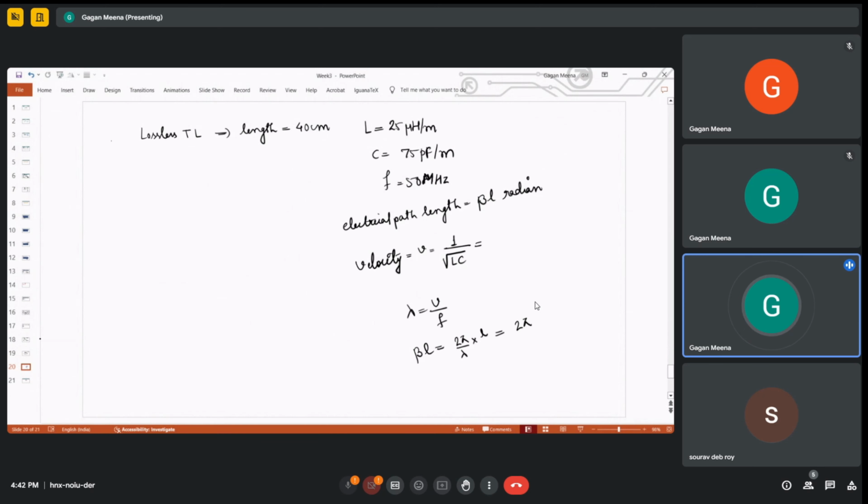It will be 2 pi f by v into L. So this is 2 pi, frequency is given as 50 megahertz, v we have to calculate, and L is 40 into 10 to the minus 2. This is 1 by root of 25 into 10 to the minus 6 henry and 75 into 10 to the minus 12 farad. First we have to calculate v.